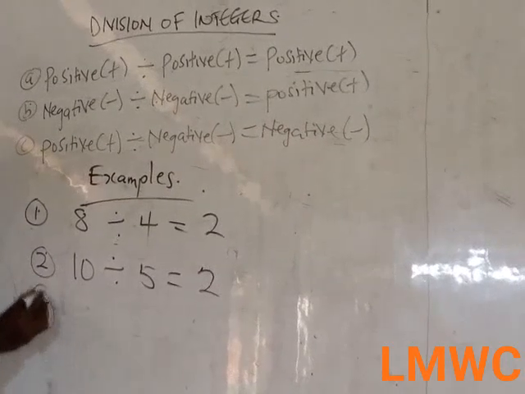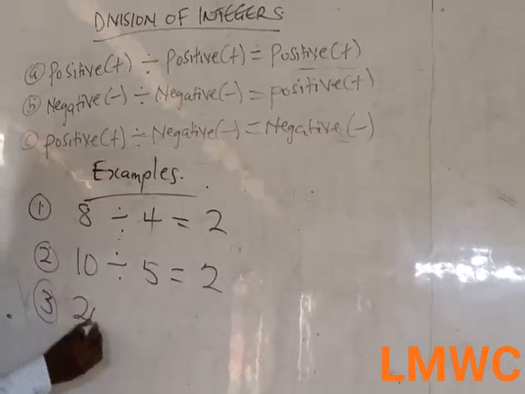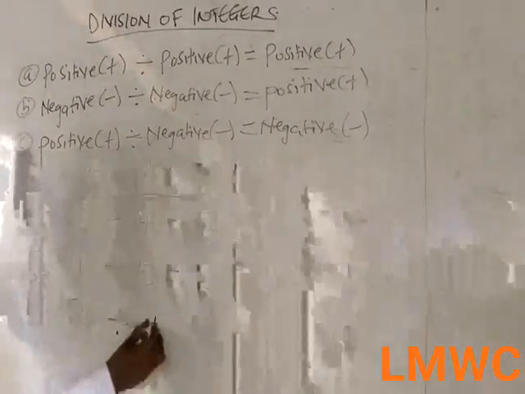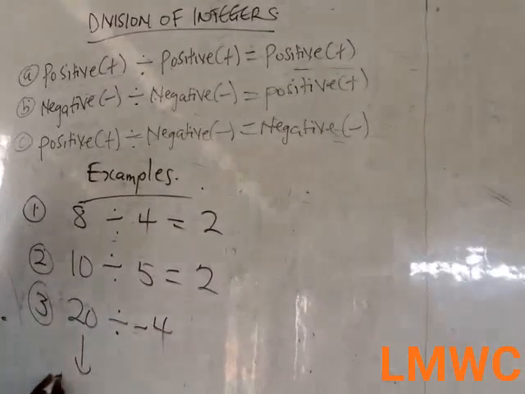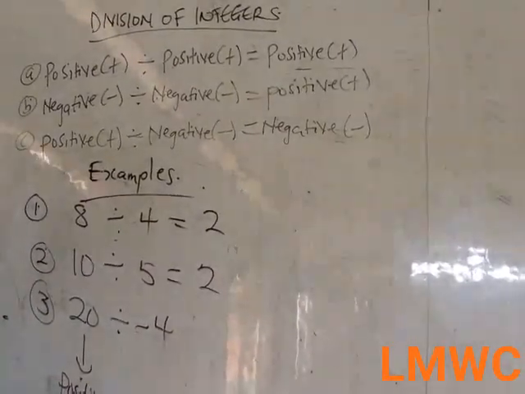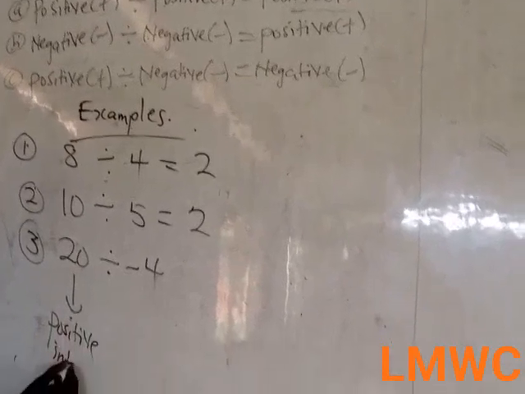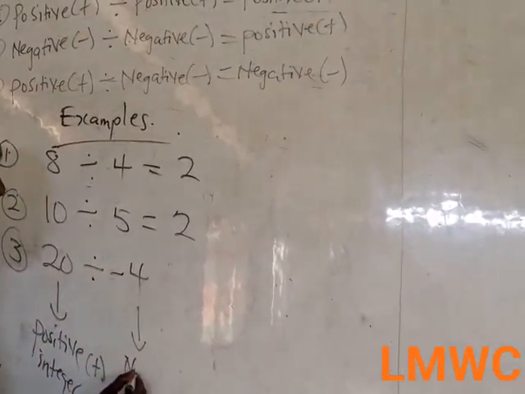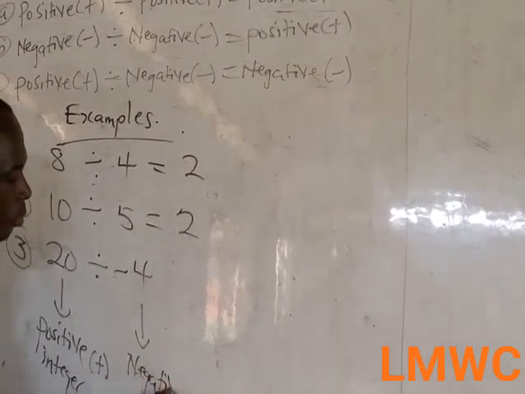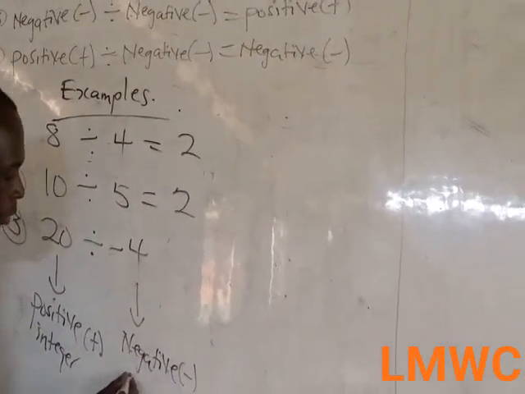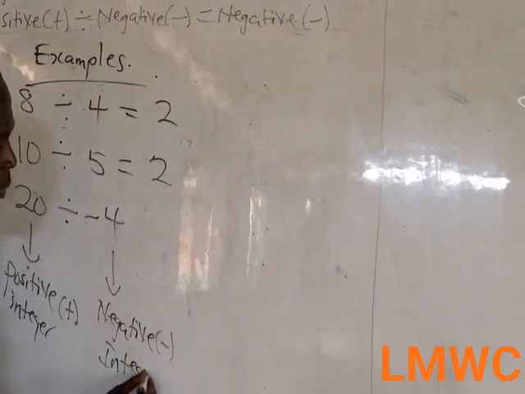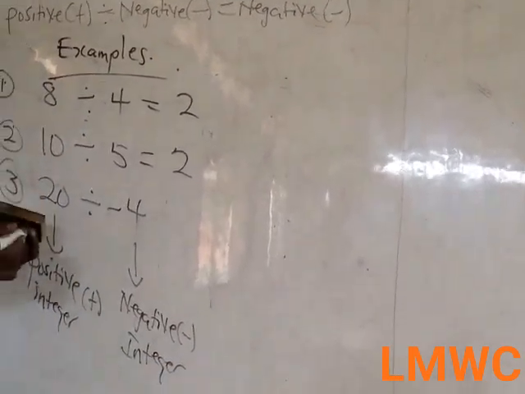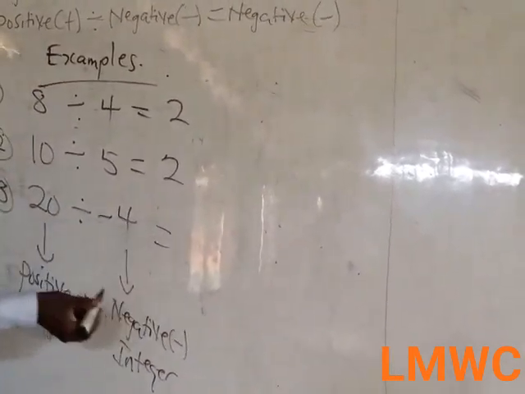Example 3: we have 20 divided by negative 4. This is a positive integer and this is a negative integer. But I said positive divided by negative integer will give us a negative integer.